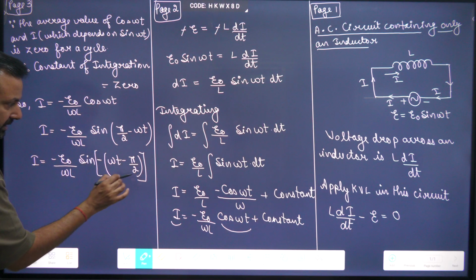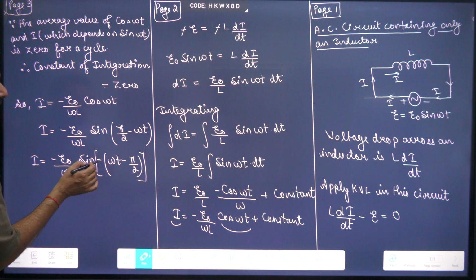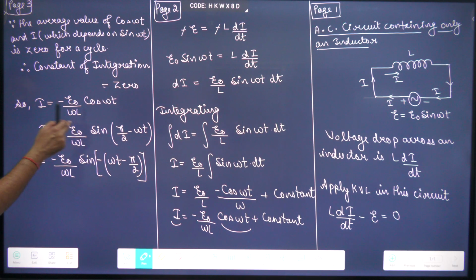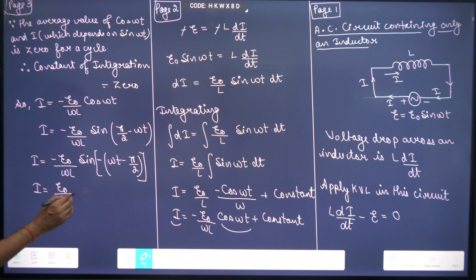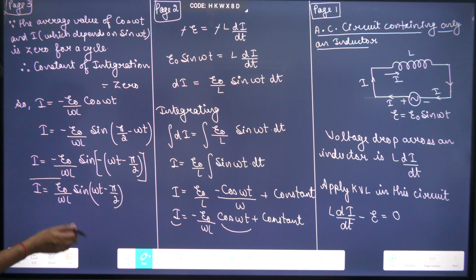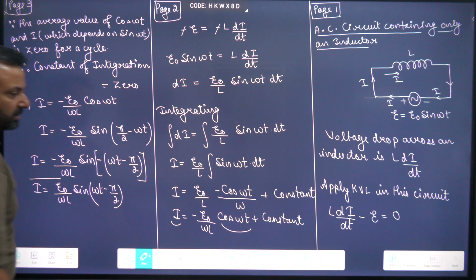Sine minus theta is equal to minus sine theta, so I will take this negative sign outside the bracket. One negative sign is here and one negative sign will come outside the bracket, because sine minus theta is equal to minus sine theta. So I will be equal to E naught upon omega L sine omega t minus pi by 2.